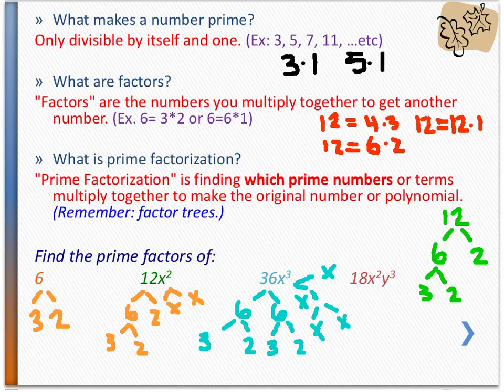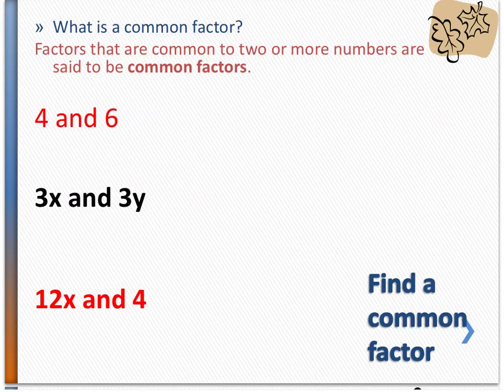Okay, and you would do the same thing for 18x squared y cubed. All right, so hopefully you get the idea. Prime factors are the very, very basic factors of a number or polynomial. Okay, so we're breaking it all the way down to the bare minimum, the outline, the skeleton of this number, okay?